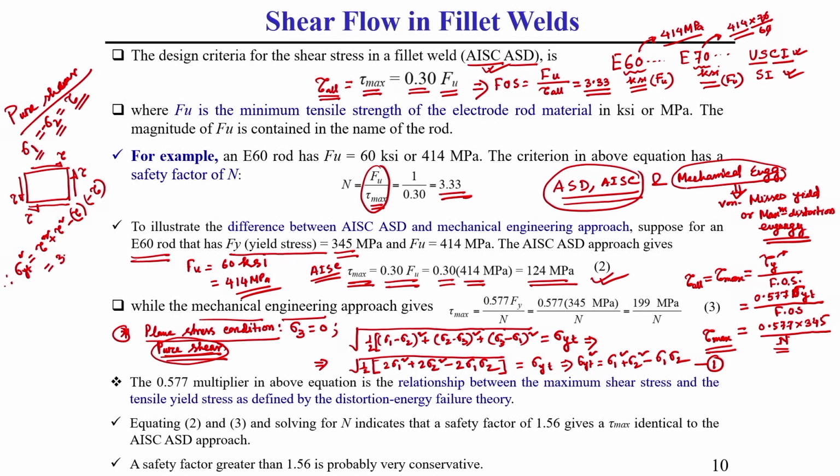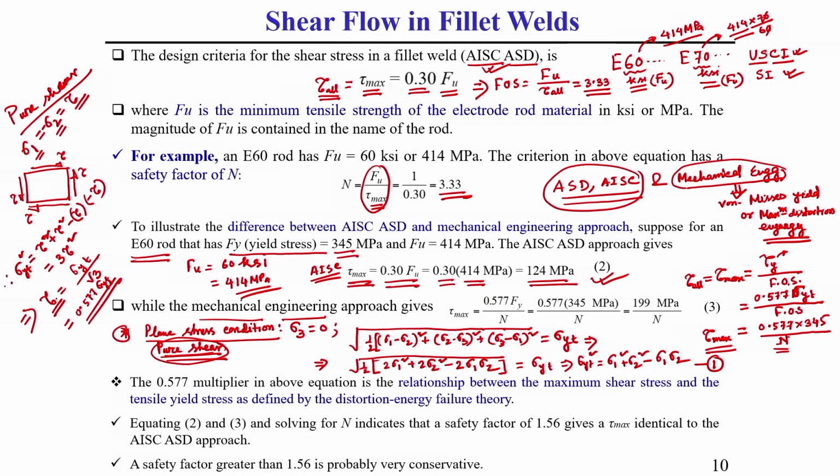So, this gives 3 tau square. From here, tau is sigma yt divided by root 3, which gives tau as 0.577 into sigma yt. You got the idea of how it comes.